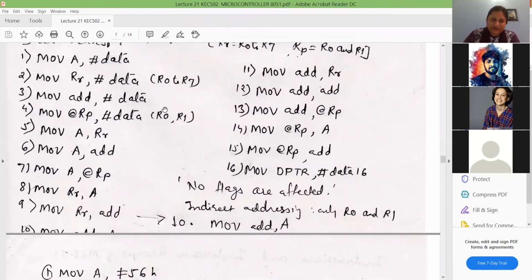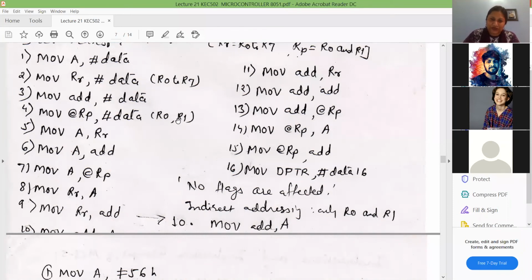And now we will see these particular instructions, the Rp instructions. Whenever we write Rp, only R0 and R1 are applicable. So immediate data will go not into R0 and R1, but into the memory location specified by the contents of R0 and R1.